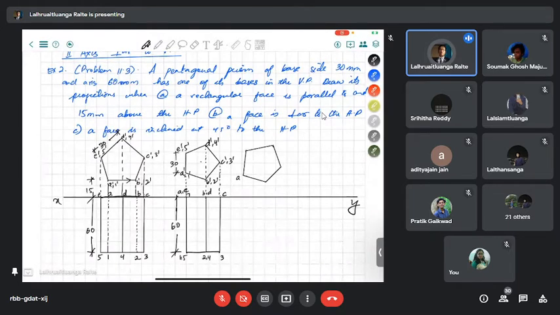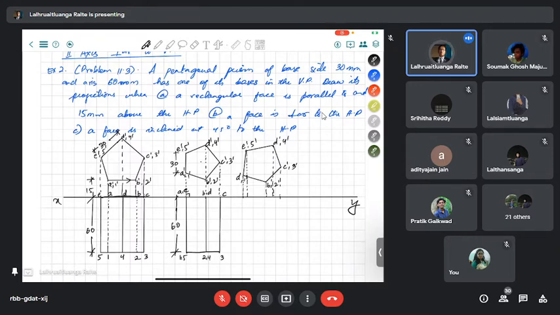All right, let's denote this as A1 dash, B dash, 2 dash, C dash, 3 dash, and so on. When we project it for the top view, go down. Let's see how close these points are. And as we are looking from the top, the majority of the lines are going to be visible.